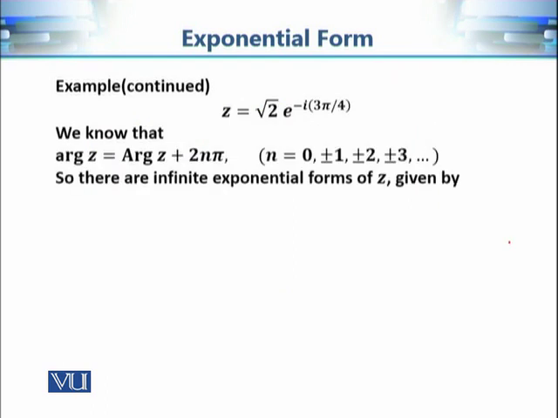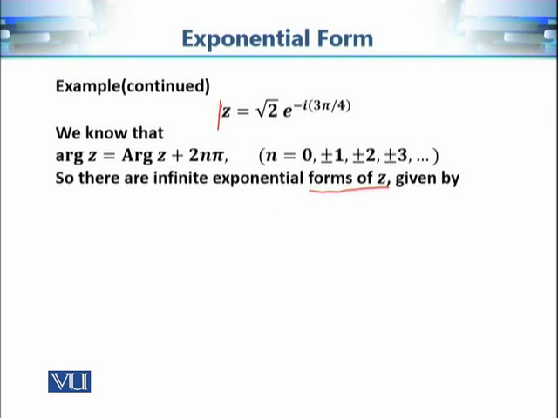Now we also know that argument of z has infinitely many possible values. So we can also say that this exponential form has infinitely many values. So a given complex number has infinitely many exponential forms.